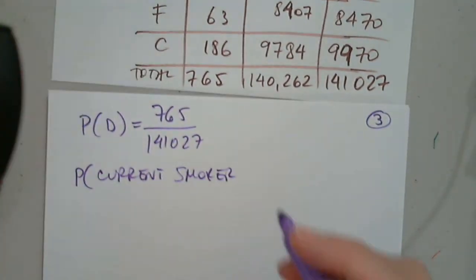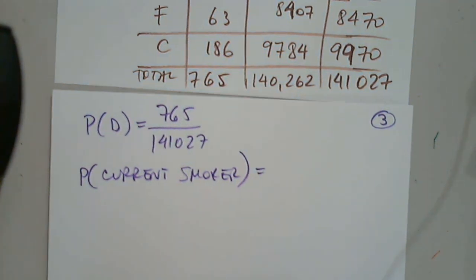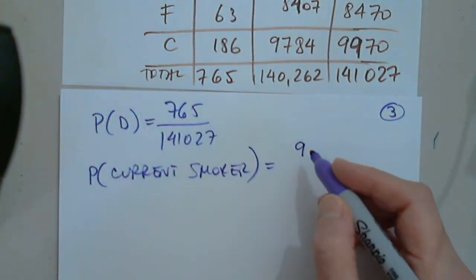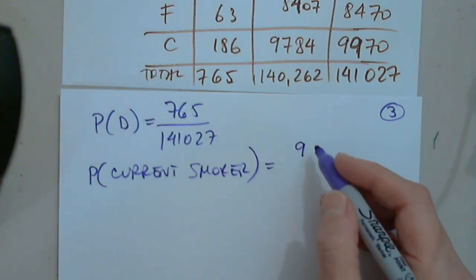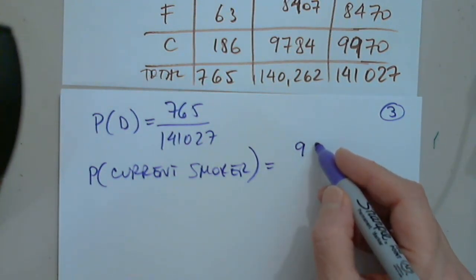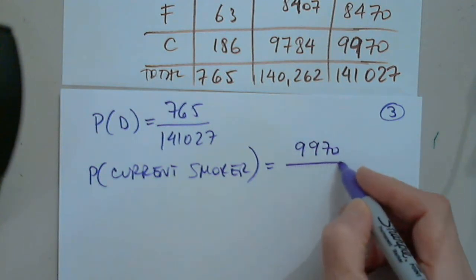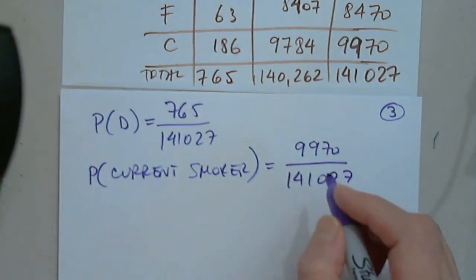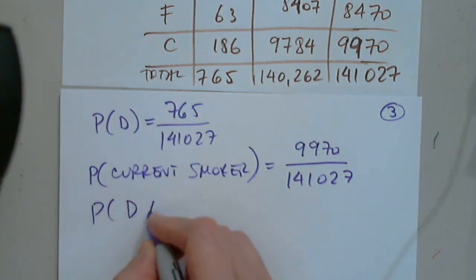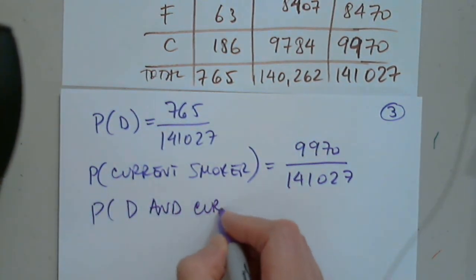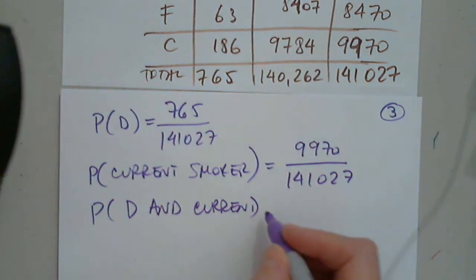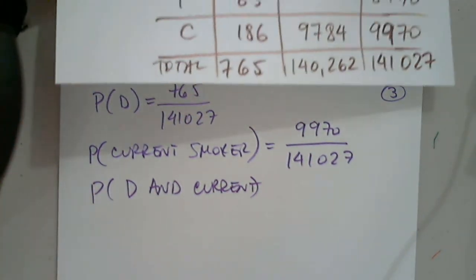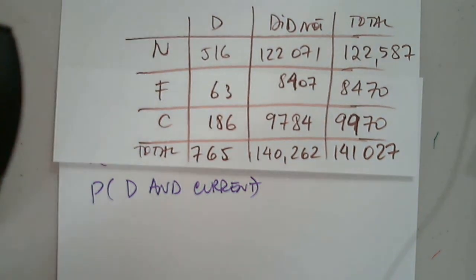How do we get that? The total current over the total grand total. Very good. Awesome. Now they want the and. How do we get the and? Wouldn't you multiply the 2?